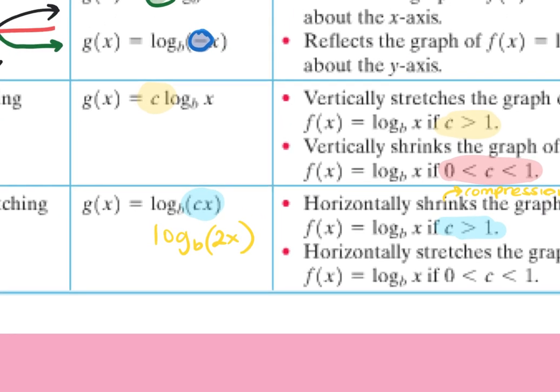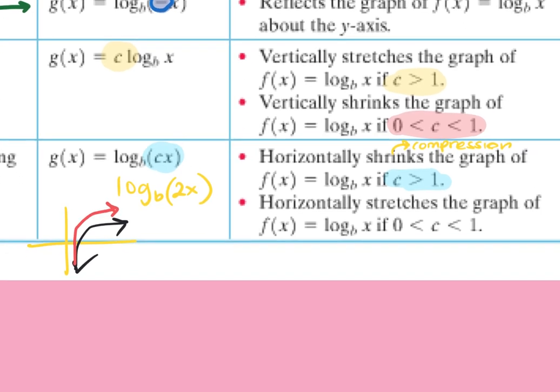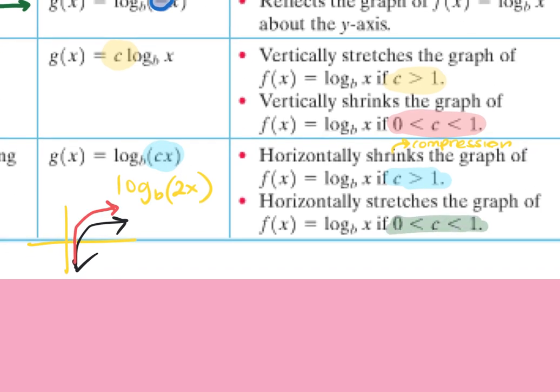And a horizontal compression really means that I would take something that's like this and it would squish it. So it also kind of makes it taller. A horizontal compression looks like a vertical stretch. And then if you have an in between 0 and 1 value, this would be a horizontal stretch.